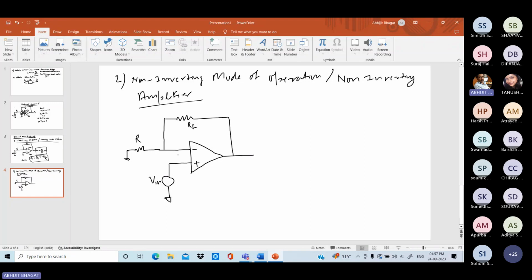Now here your output voltage V0 equals 1 plus RF by R into Vin.